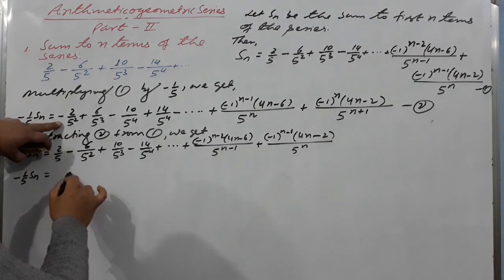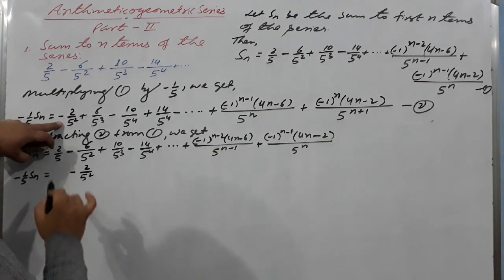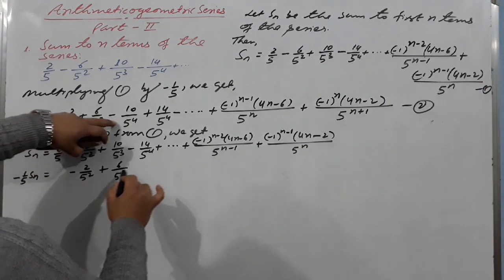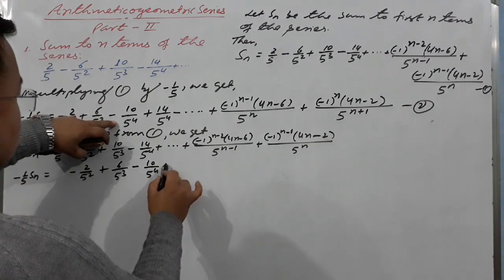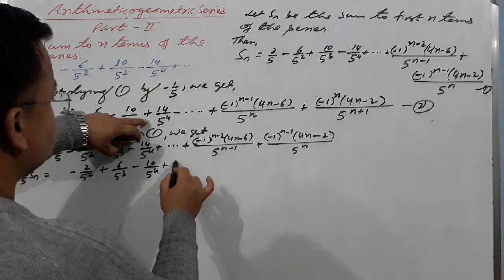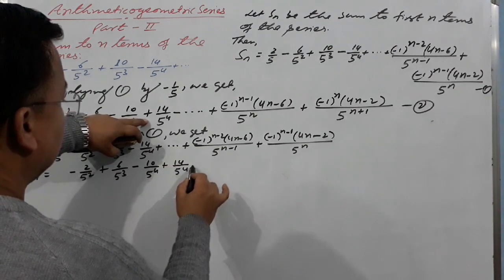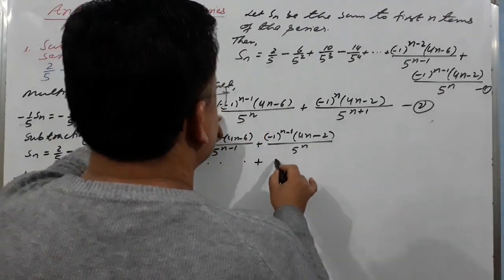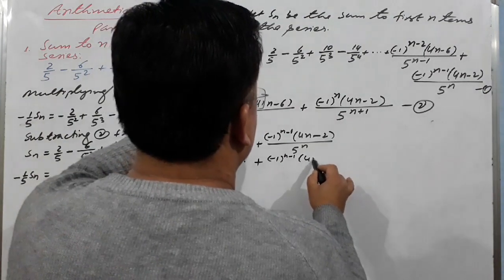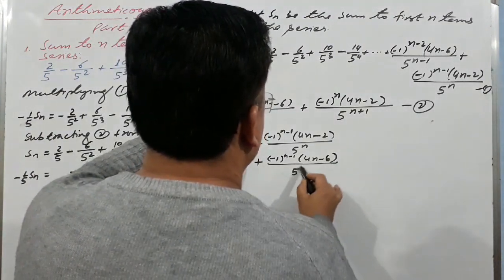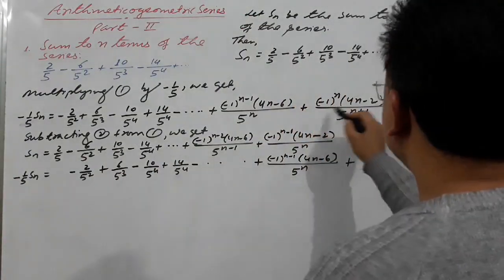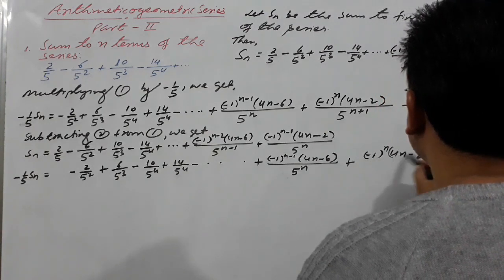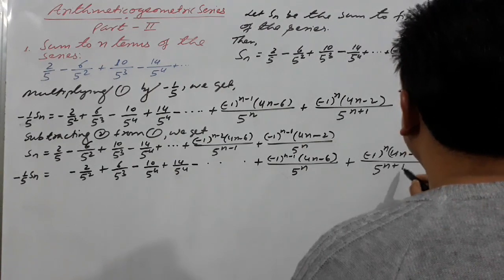So after one step, negative 2 upon 5 squared, right, and plus 6 upon 5 cubed, and negative 10 upon 5 to the 4, and plus 14 over 5 to the 4, negative dot dot dot, the plus raised to n minus 1, 4n minus 6 over 5 raised to power n, and plus, officially this step will go forward, minus 1 raised to power n, 4n minus 2 over 5 to the n plus 1.